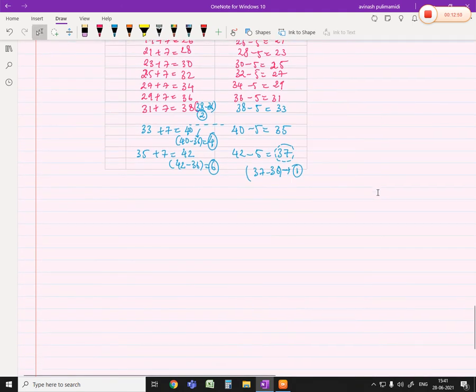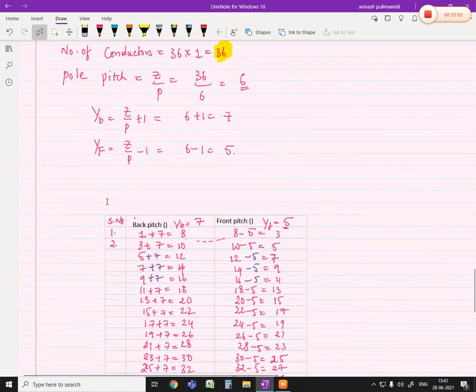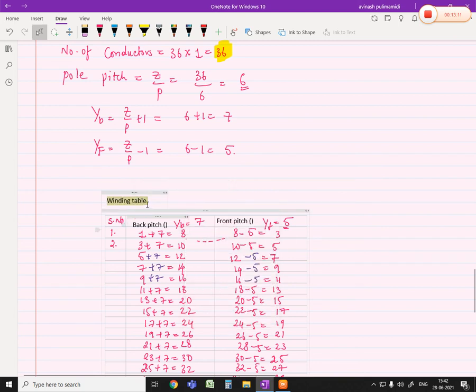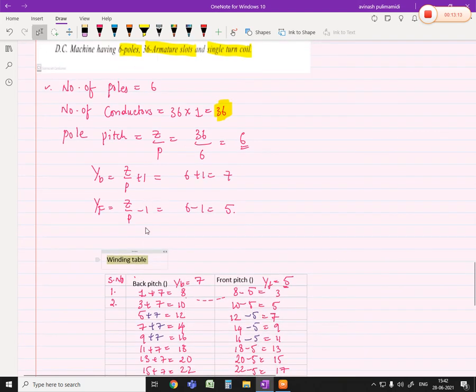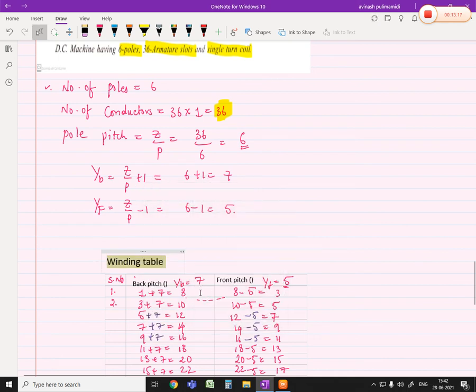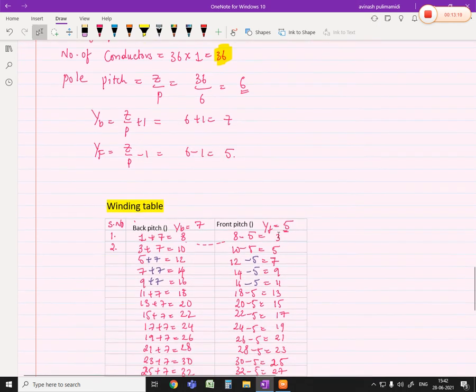So this is called the winding table. Okay.